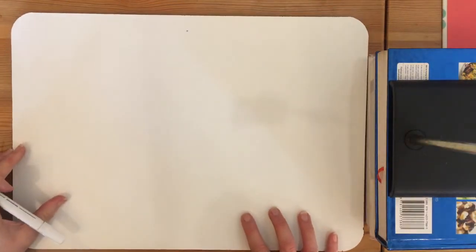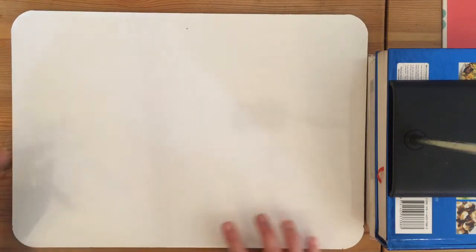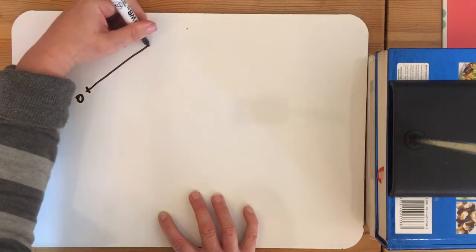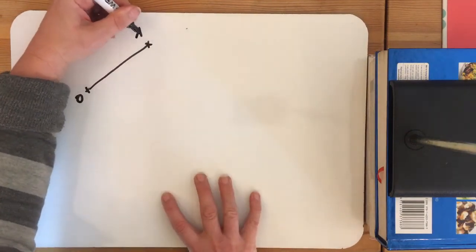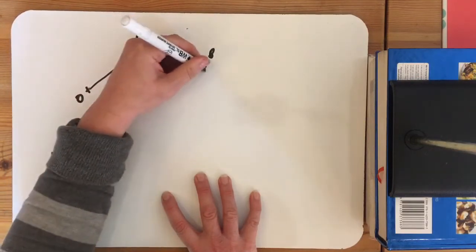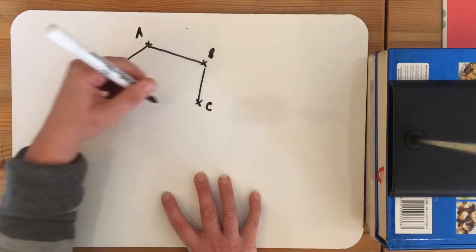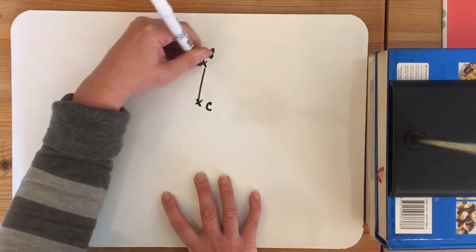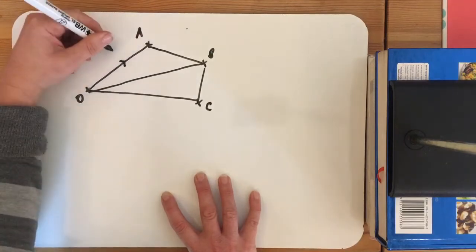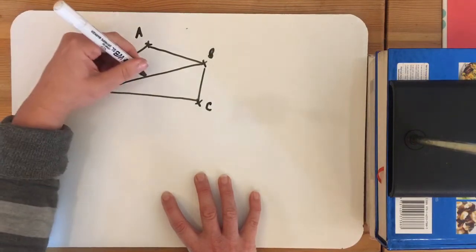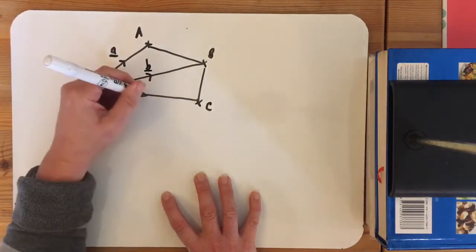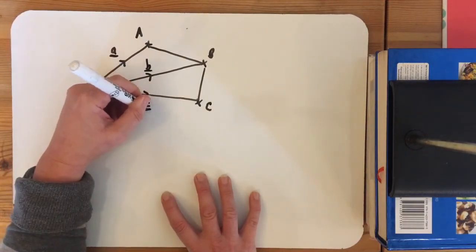So if I do one that's a little bit more letters based, so we're going to have an origin, position A, position B, position C, and then we've got position vector of B, position vector of C. So position vector of A you can call a lowercase a, position vector of B is lowercase b, and position vector of C is lowercase c.